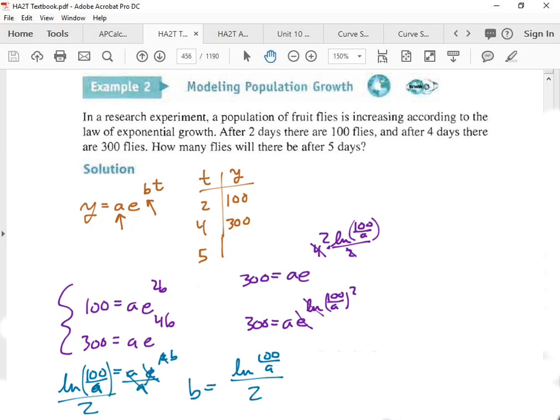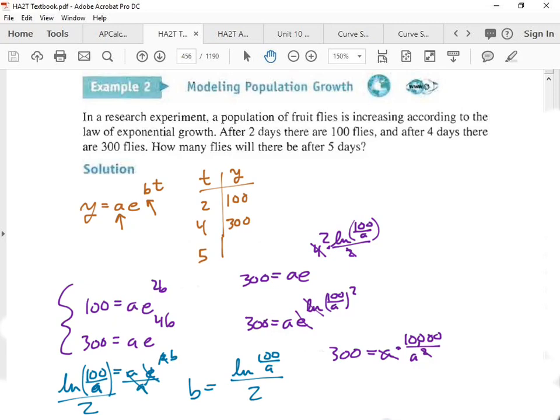Oh, that's very nice. Okay, so now we have 300 equals A times 10,000 over A squared. I went ahead and did the power: 100 times 100 and A times A to get 10,000 over A squared. And what's going to happen when I multiply this by A?